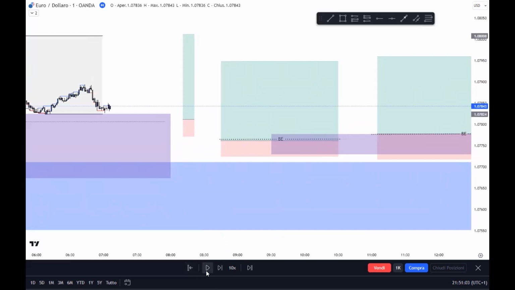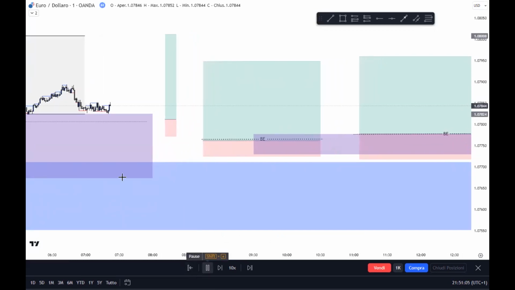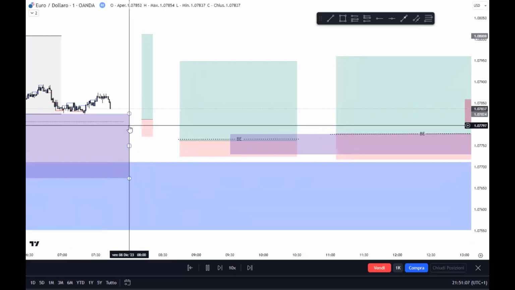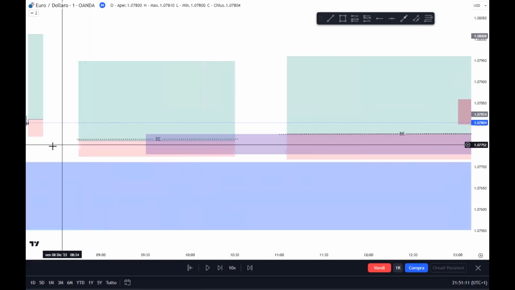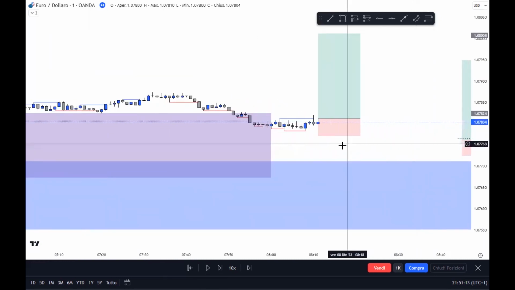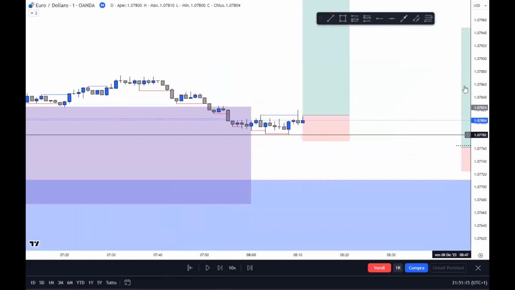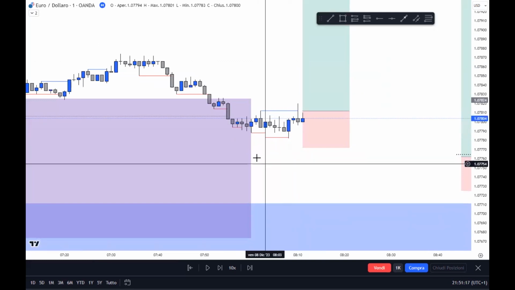Okay, so I will play out the price, then the price goes down. Here we have the liquidity grab. As soon as we have the liquidity grab, we search for a long entry.